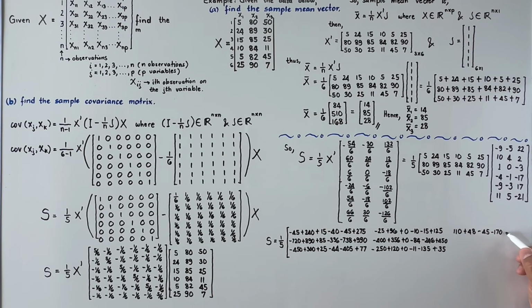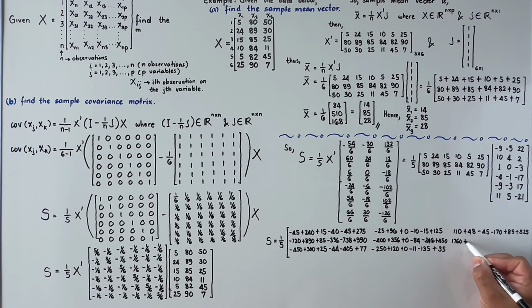And then 5 times 17, we have positive 85. And then 25 times negative 21, we have negative 525 here.